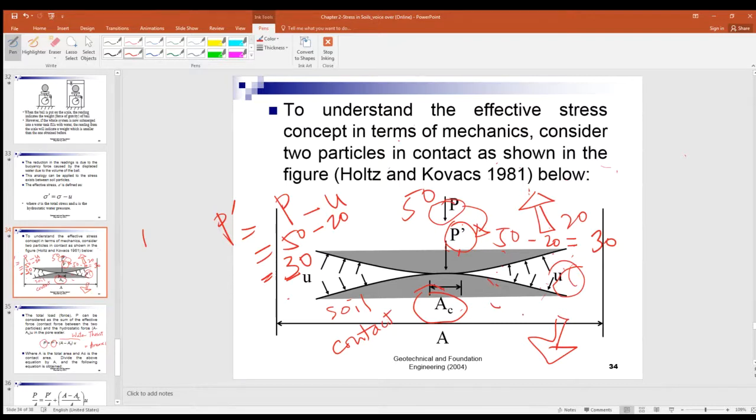The area of contact is very small compared with the water area.